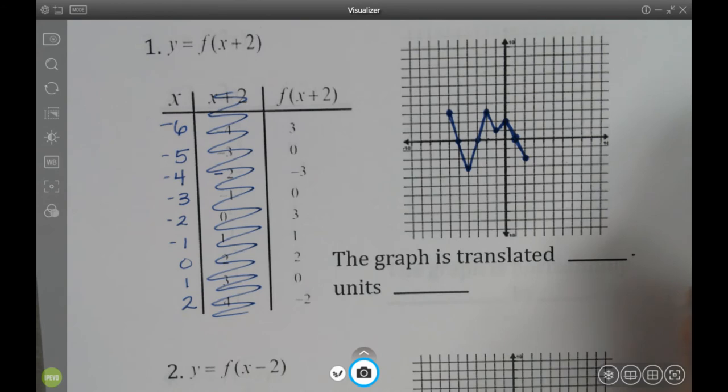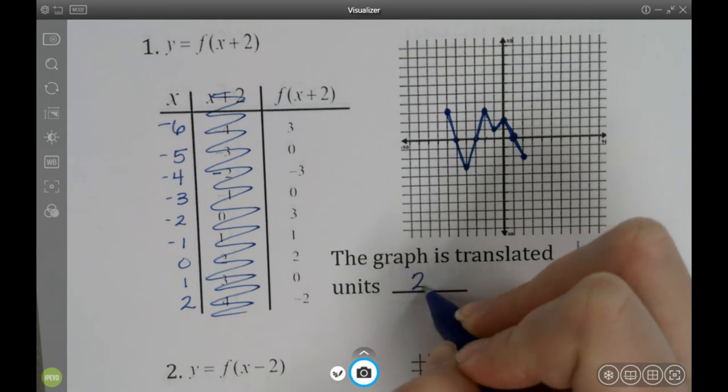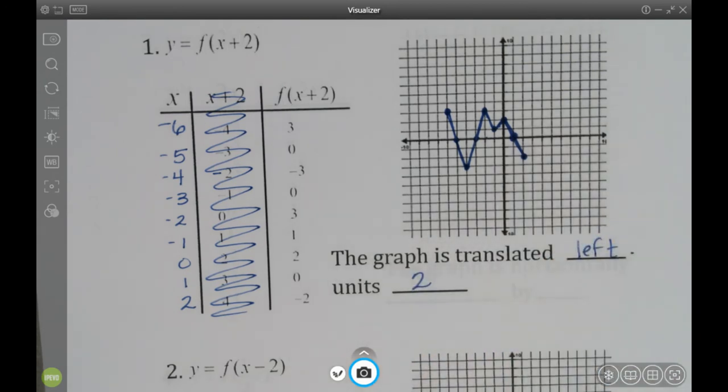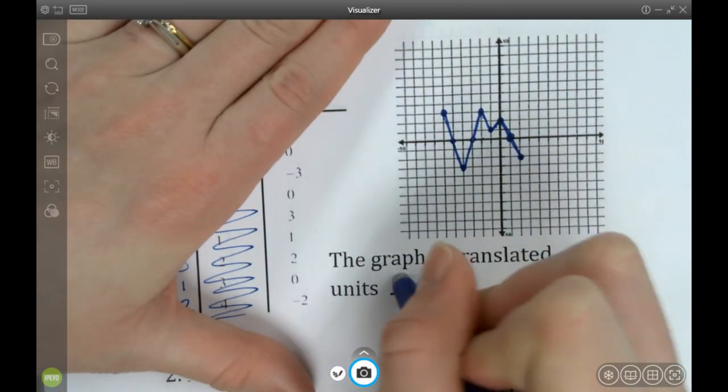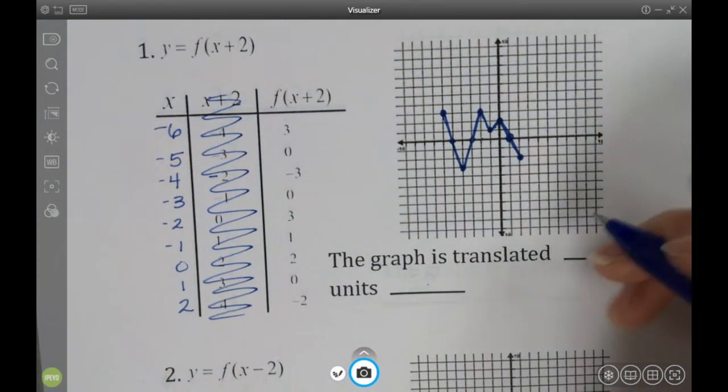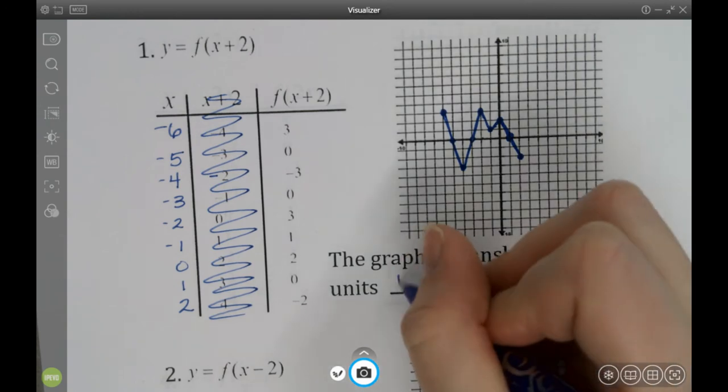So the graph is translated left 2 units, or 2 units left, I guess you could say. I know, it's backwards. That's going to bother me. Two units to the left.